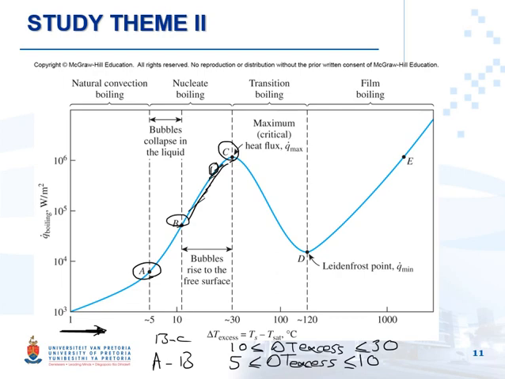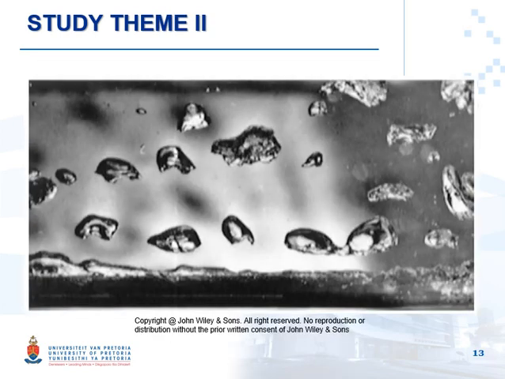As I told you, when the heater temperature, or the temperature of the surface, increases, a large fraction of the heater surface will be covered by a vapor film, which works like a layer of insulation. Why? Because vapor has lower thermal conductivity compared to its liquid form. Look at here, the layer. Because this layer works as a kind of insulation layer, Q dot will drop.